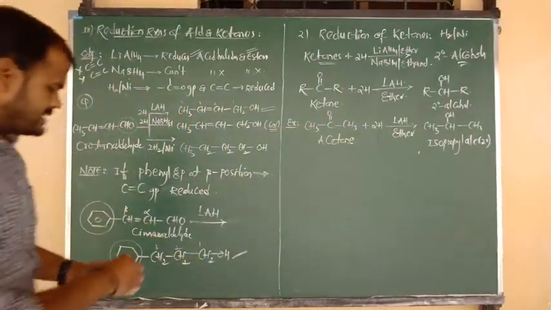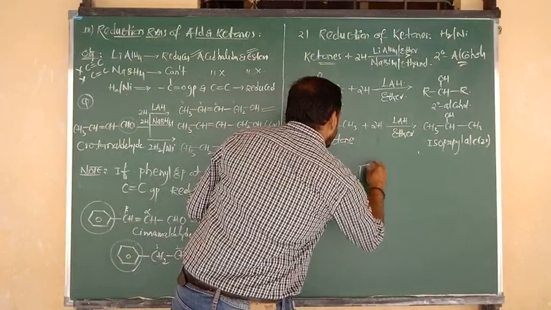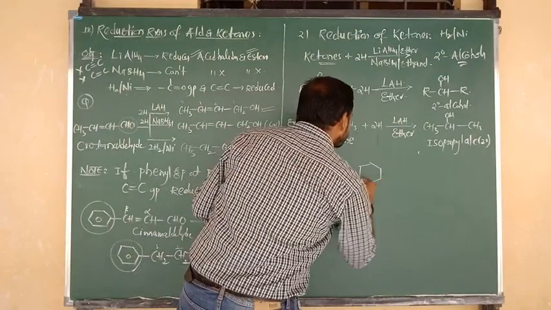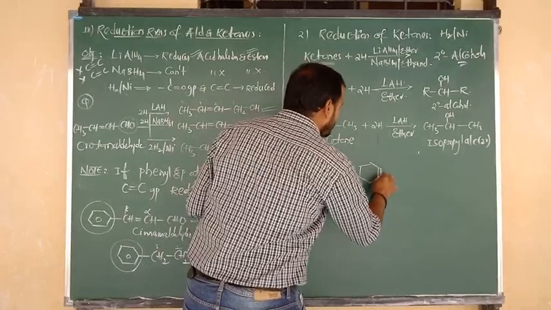So finally here I want to ask you one question from an objective point of view. First of all, I am going to consider one cyclohexane ring, and here I am writing one pi bond.